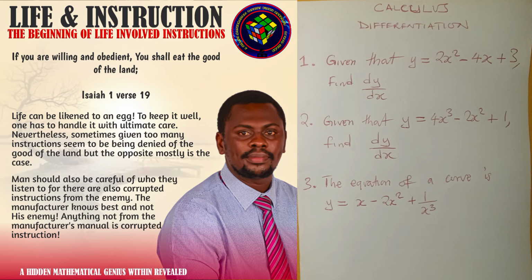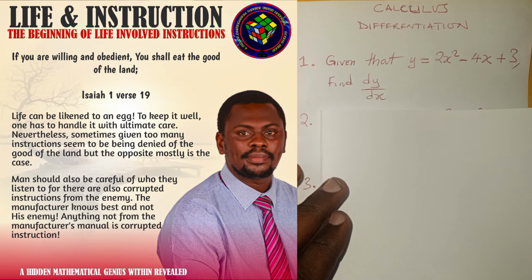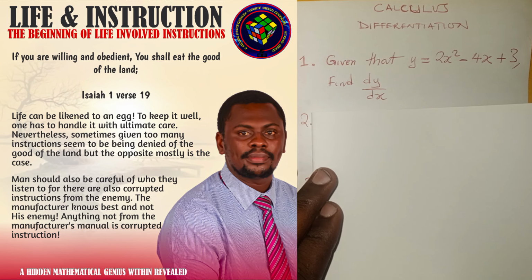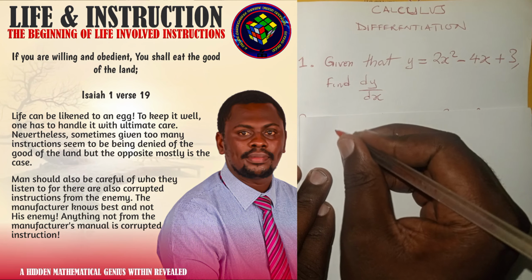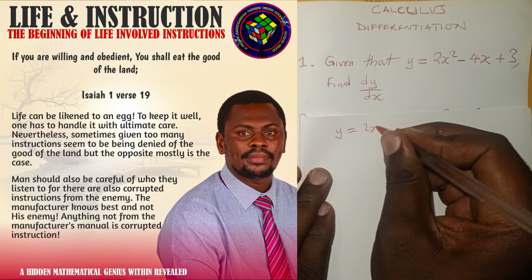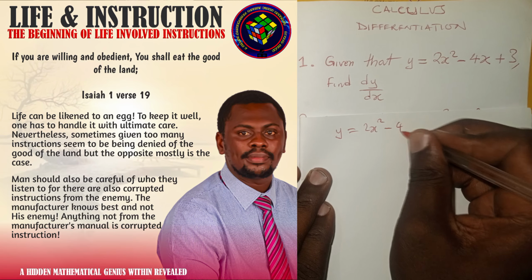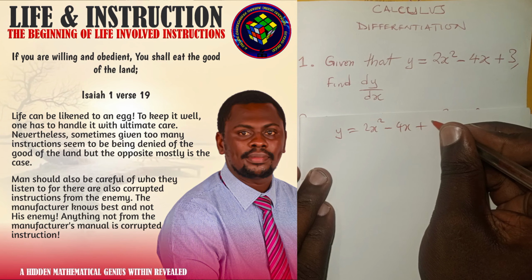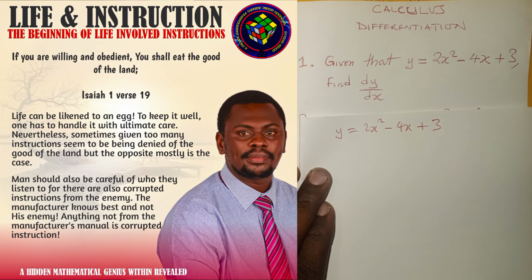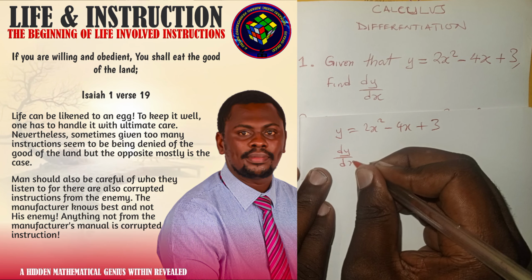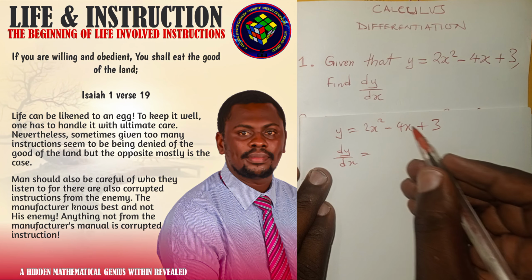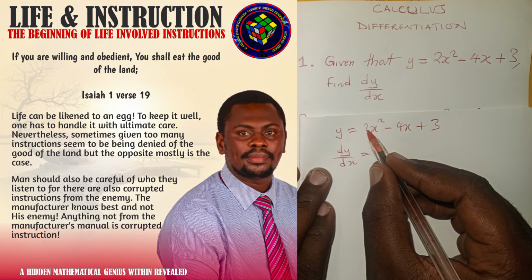Given that y is equal to 2x squared minus 4x plus 3, find dy dx. So we have y is equal to 2x squared minus 4x plus 3. We want to find the derivative of this function. So you say dy dx is equal to, so we said the power should multiply the coefficient.